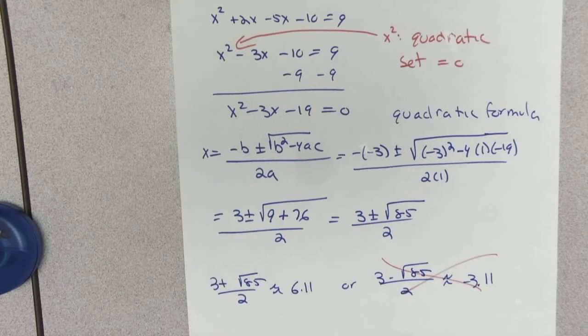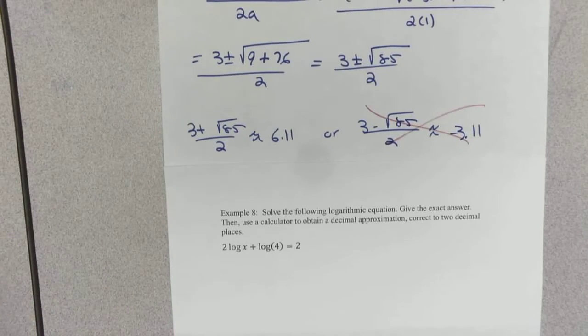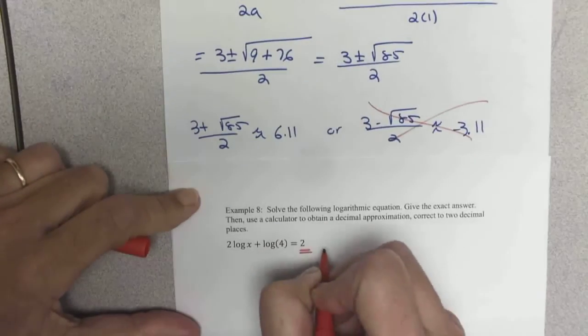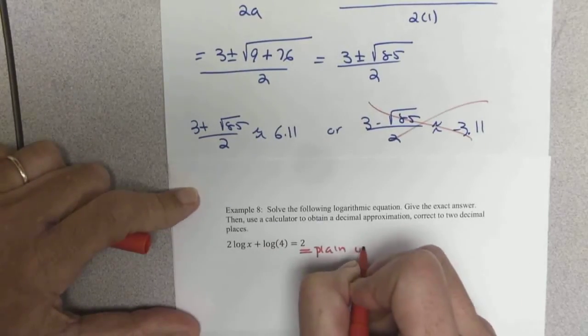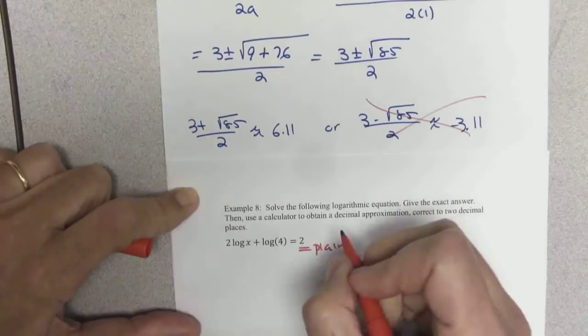Okay, another one of this nature. Again, the key right here, I look at this guy right here, plain number. Just an old-fashioned plain number.